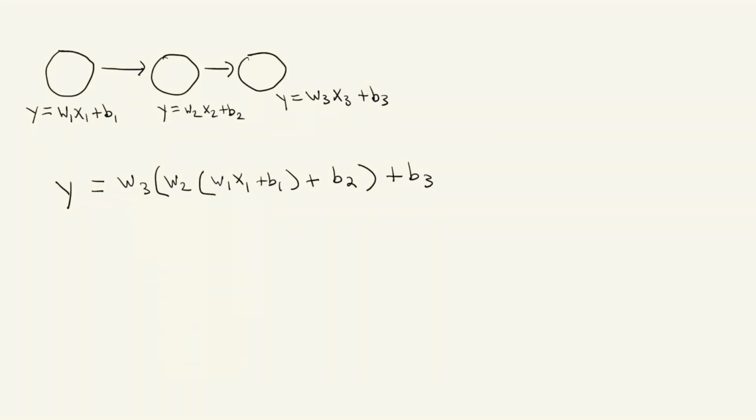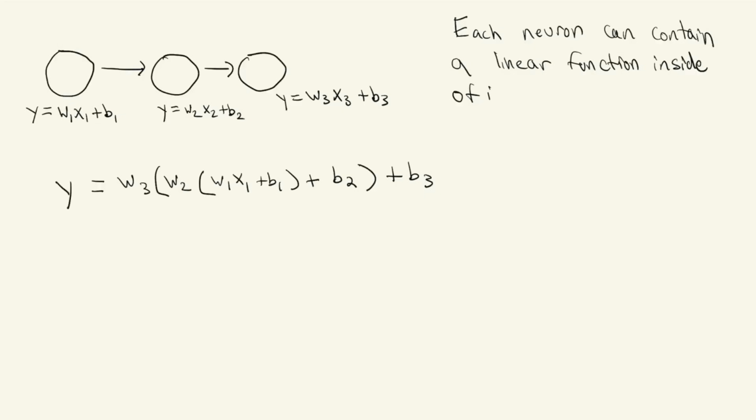So let me write this out. Each neuron can contain a linear function inside of it. And I do want to give two notes here.